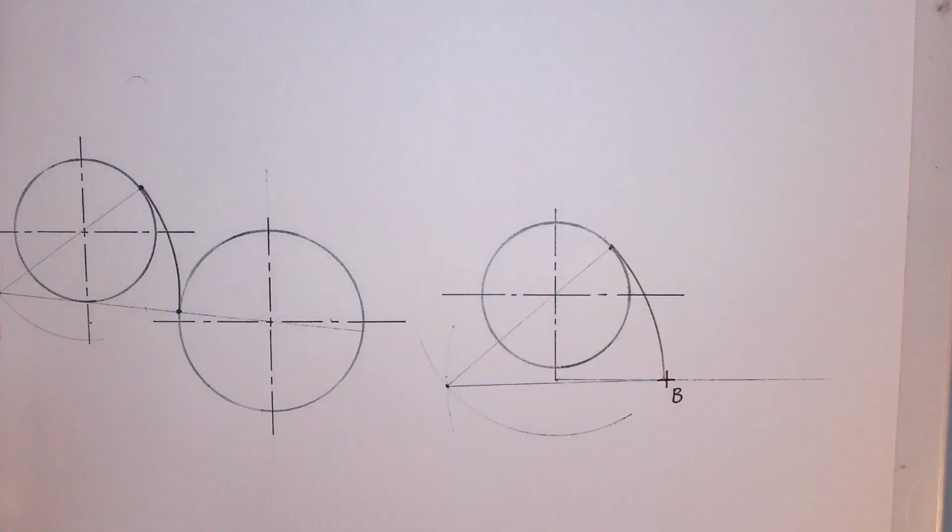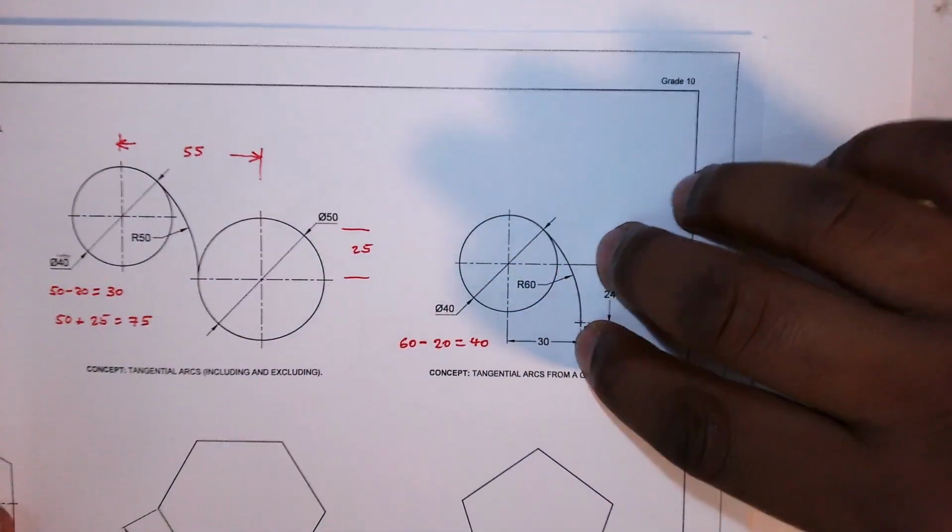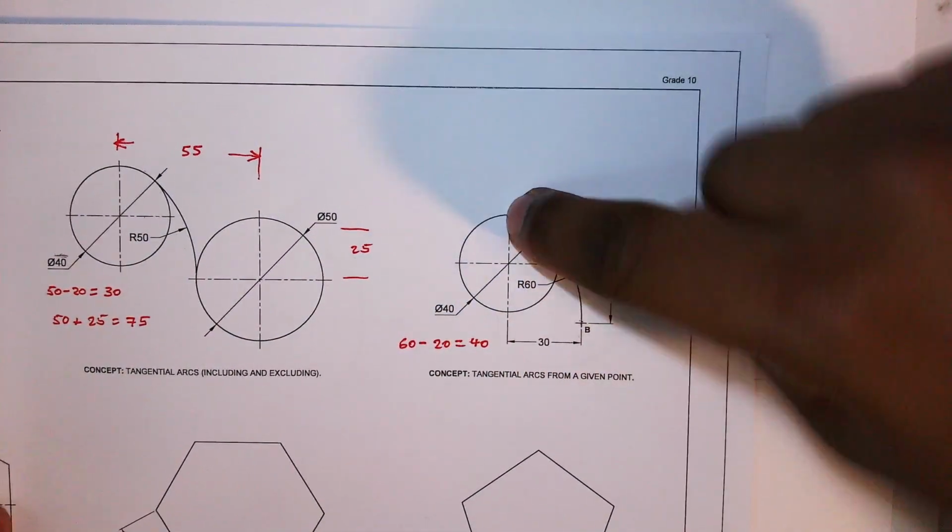So this is the tangential arc. I'm done with this figure. That's how you draw the tangential arc if you are given a circle and a point.